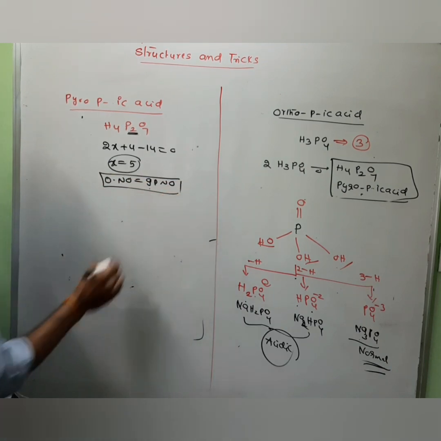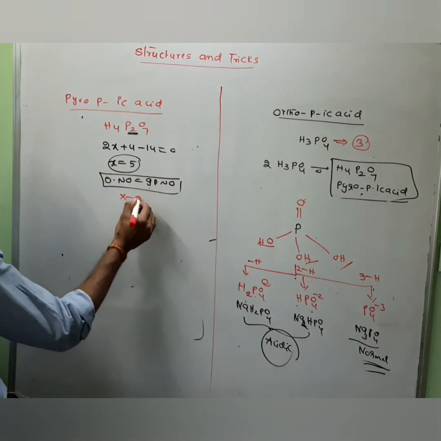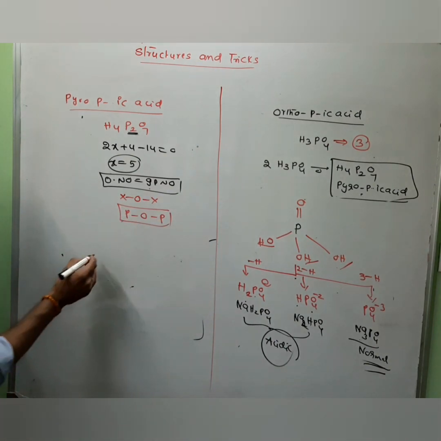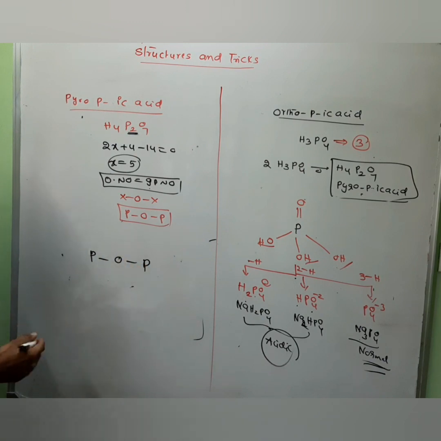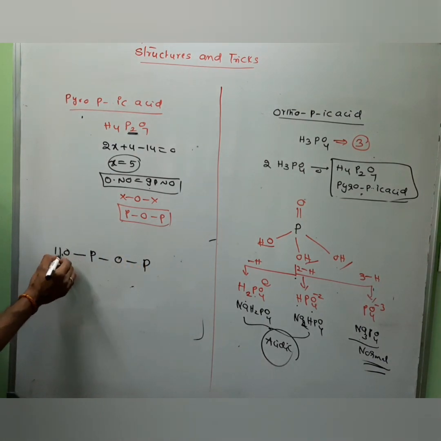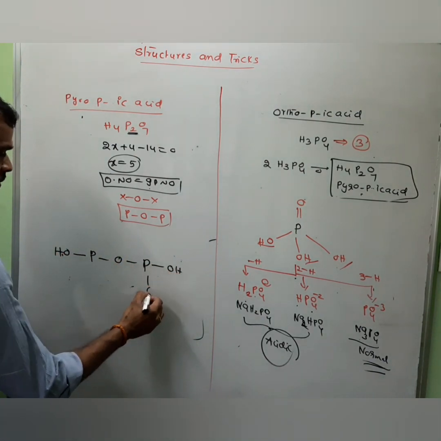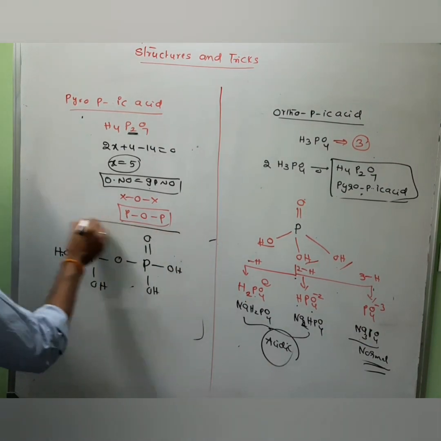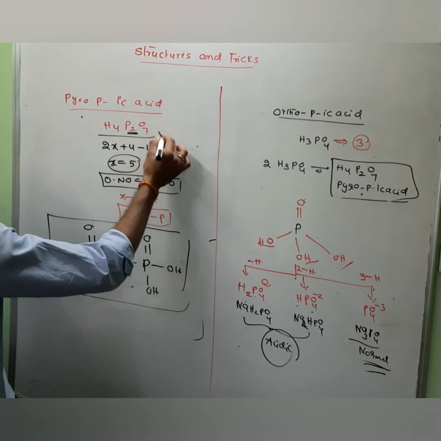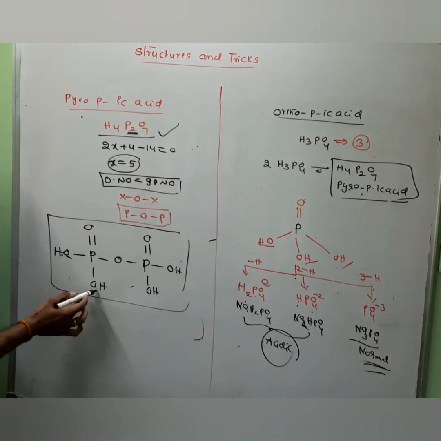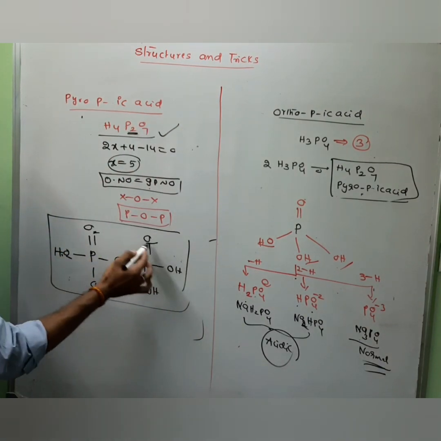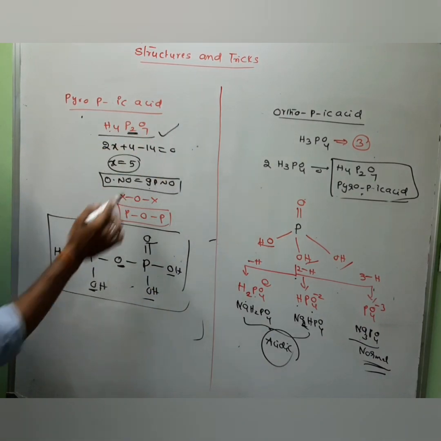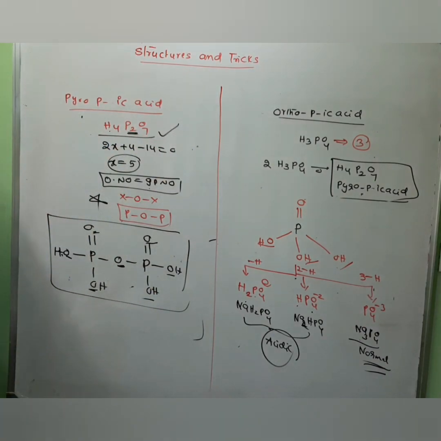If oxidation number equals group number, we get an X-O-X bond, that is, a P-O-P bond is present. So phosphorus, oxygen, phosphorus, and basicity will be 4. So we have 4 OH groups, double bond O, double bond O. This is the formula of H4P2O7: 1, 2, 3, 4, 5, 6, 7 oxygens, and 4 hydrogens. So this is the structure of pyrophosphoric acid.